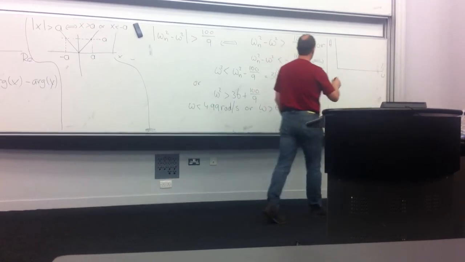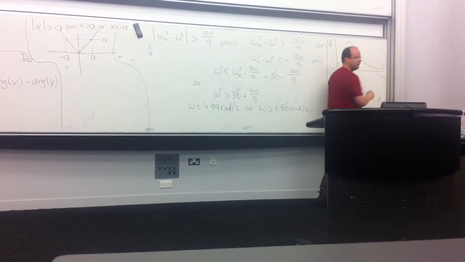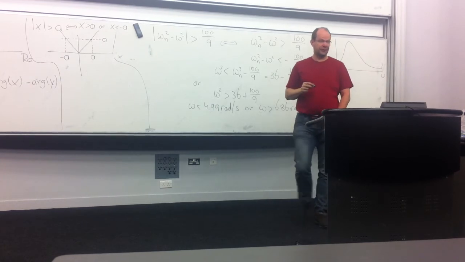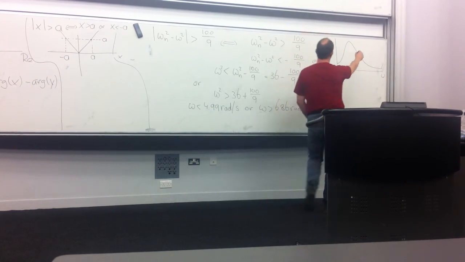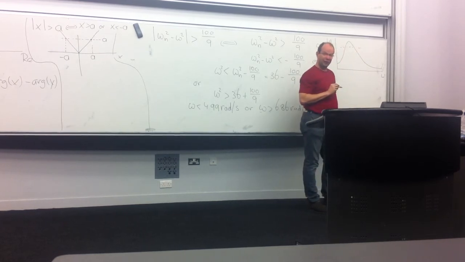And typically the plot will be something like this. So you see, if I want it to be smaller than a certain value, you will find two ranges for omega.